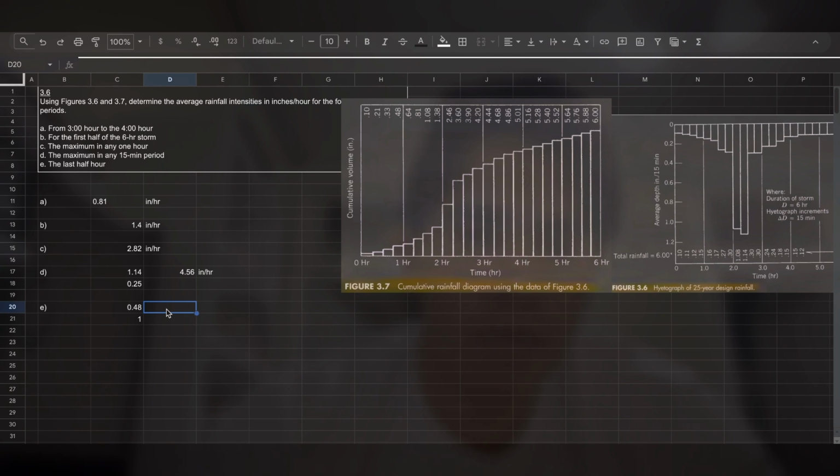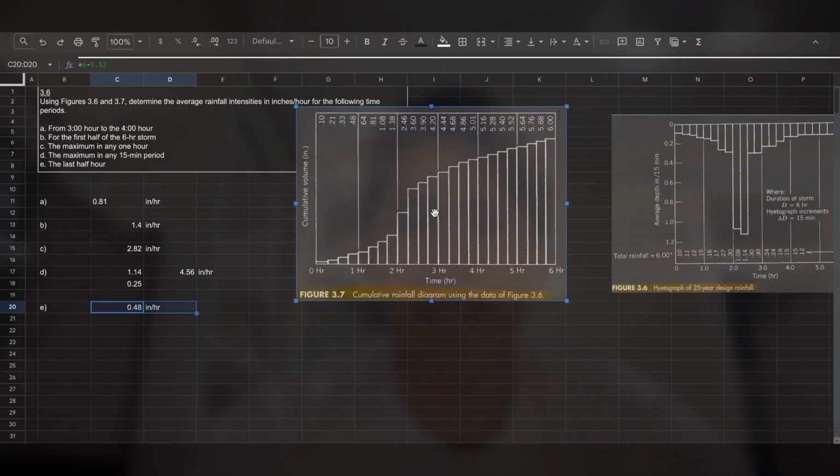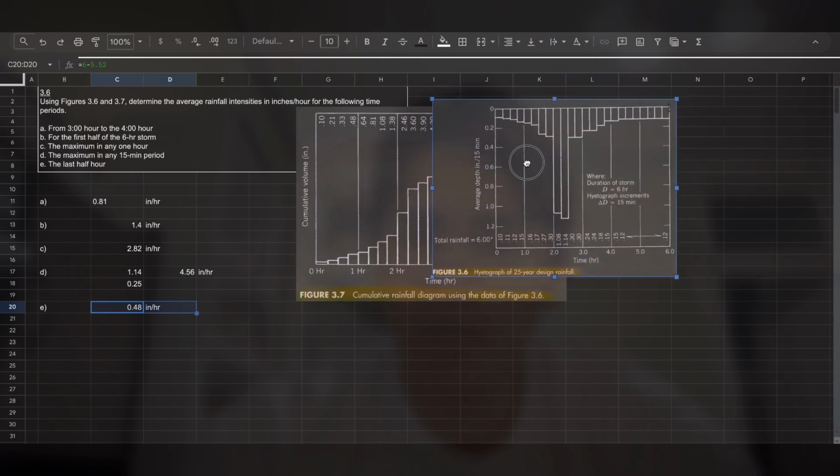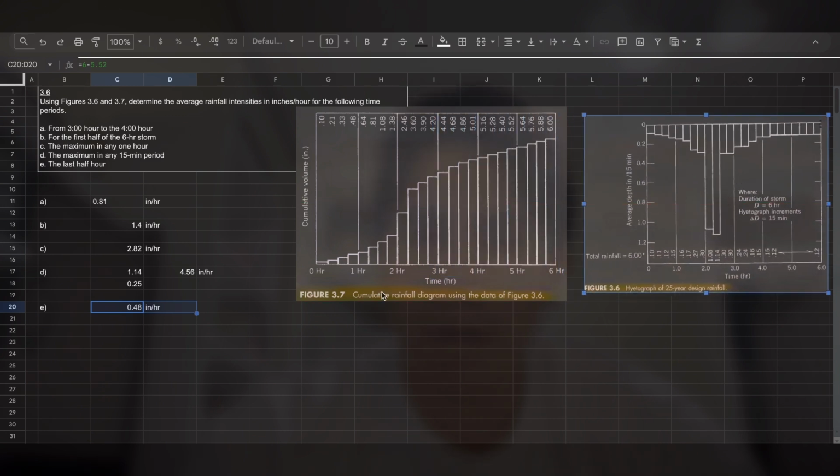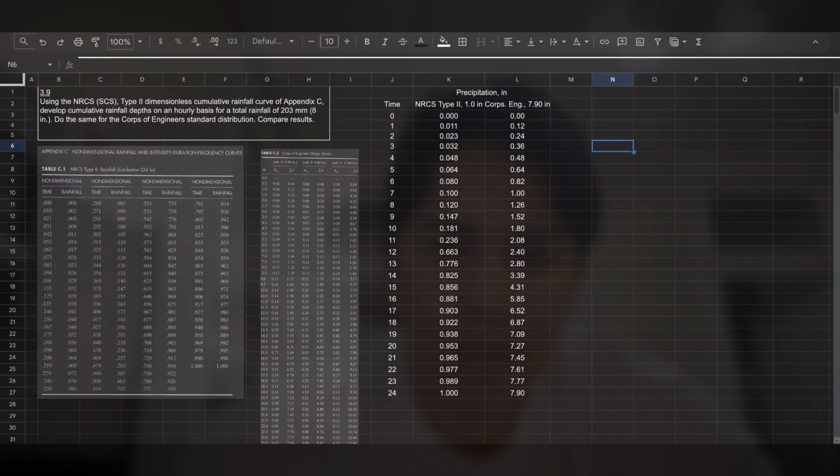So it will be just 0.48 inches per hour. And that would be part E. So that's how you work with finding out intensities if you are given a cumulative curve or graph, or if you are just given the precipitation depths per interval. Okay, let's move on to the next one.